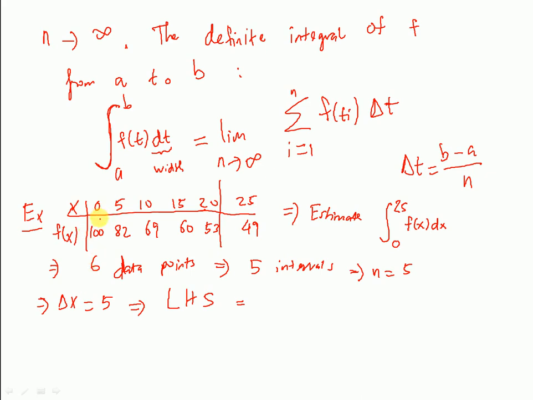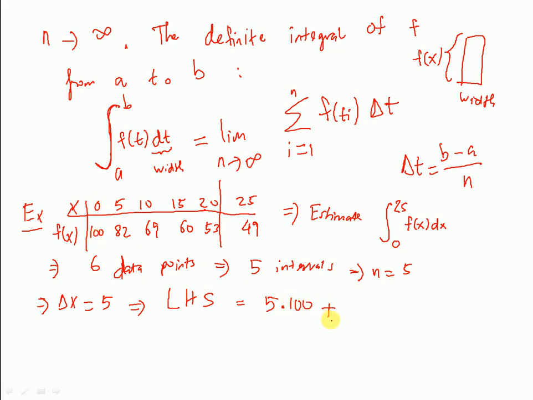The first point, remember, the rectangle: this is the width, and this is the value of f of x for the height, right? So the width is always 5, and the first height is the first one, at 0, which is 100.